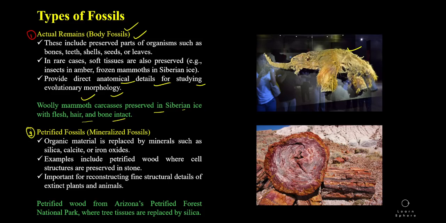For example, petrified wood, where cell structures are preserved in stone. These types of evidences are crucial for reconstructing the fine structural details of extinct plants and animals. For example, petrified wood from Arizona's Petrified Forest National Park, where the trees' tissues are replaced by silica. Here you can see.